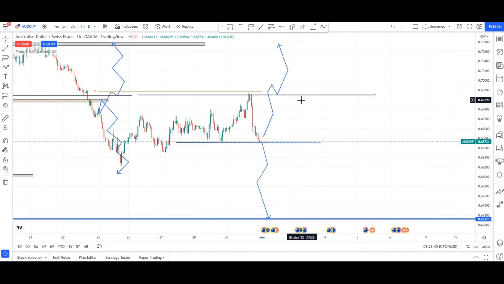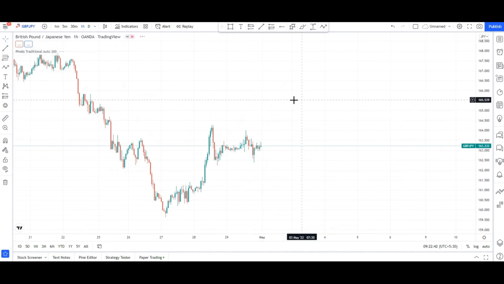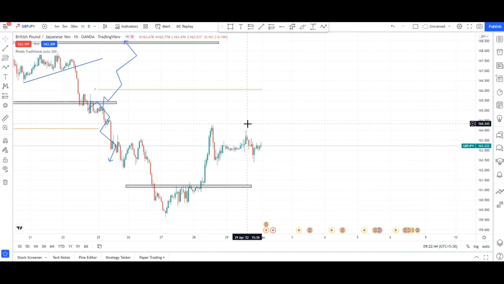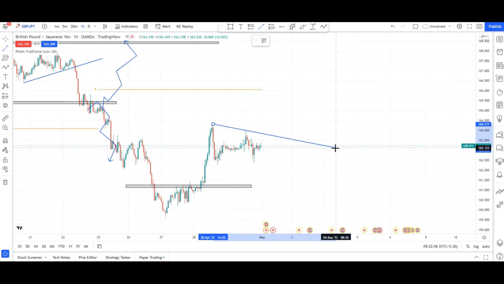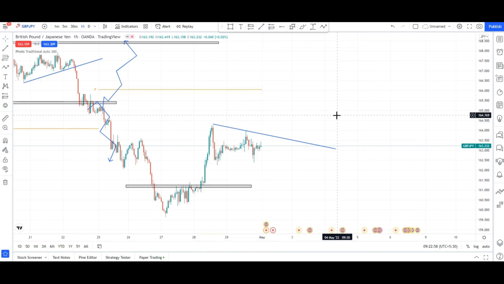Okay guys, we can see the next, GBP versus Japanese Yen, guys. Right now it is continuously consolidating. So right now, this is one of the trend lines.